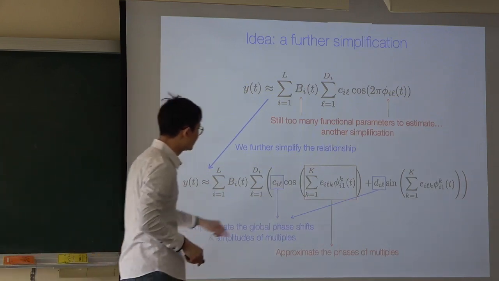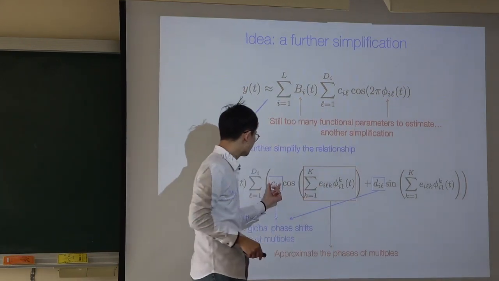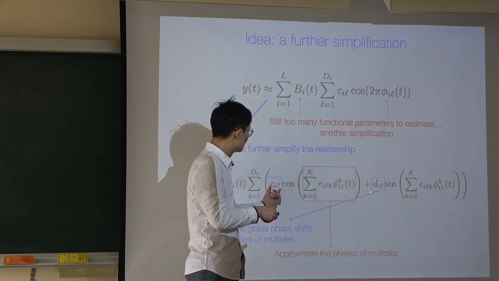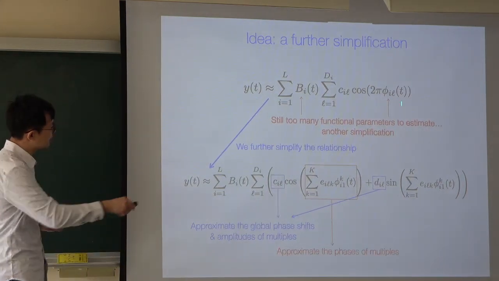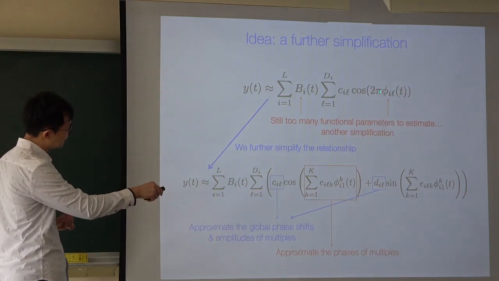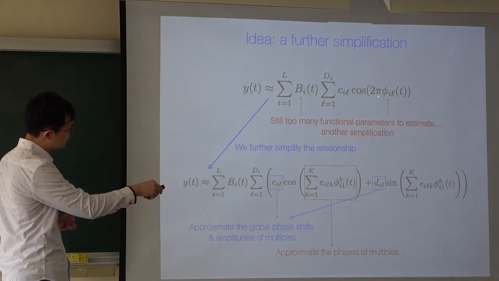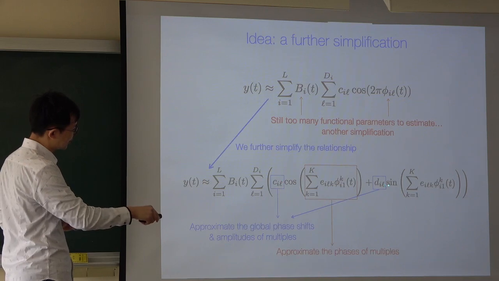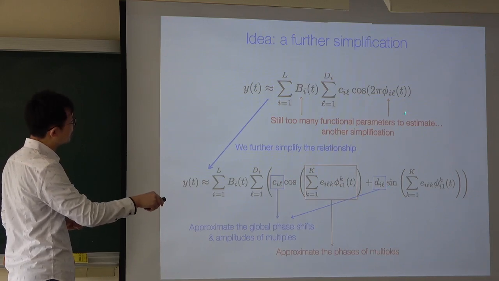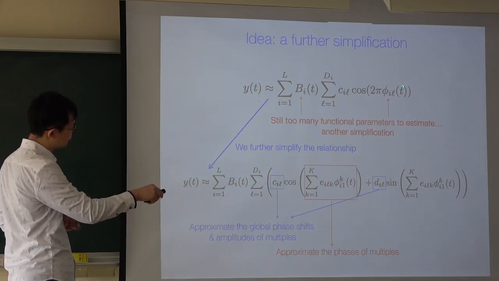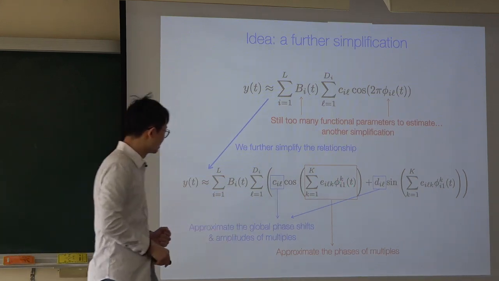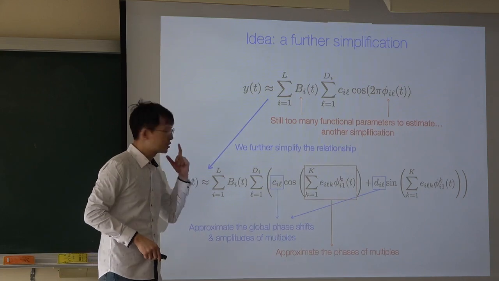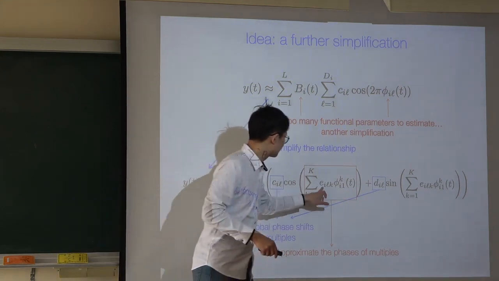And we add on some coefficients. There will be some c and d coefficients for sine and cosine to capture the global phase. That is, the global phase originally was captured here. But right now, we separate the global phase into 2 parts, cosine and sine. And for the phase itself, we use polynomial to fit. So right now, we reduce the problem into several parameters.